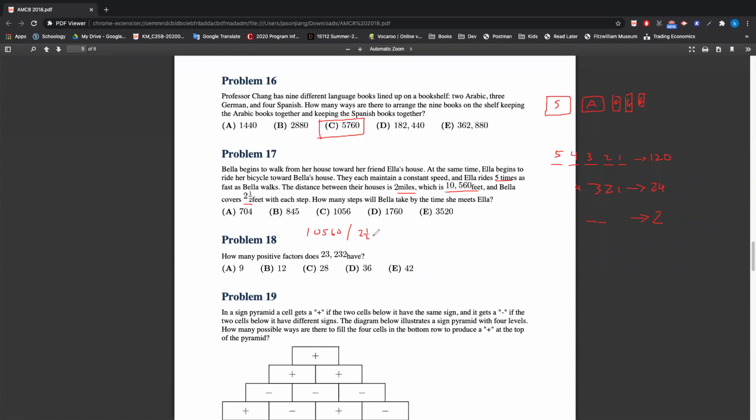And that's going to be counted because it's when they meet. So, right, because if you think about Ella biking 5 times faster, that reduces the amount of time Bella has to walk by a lot. So we have to add 5 times 2.5. So this overall is 6 times 2.5, which is 15.